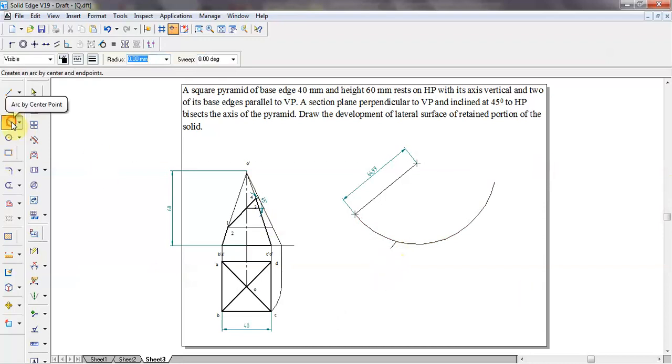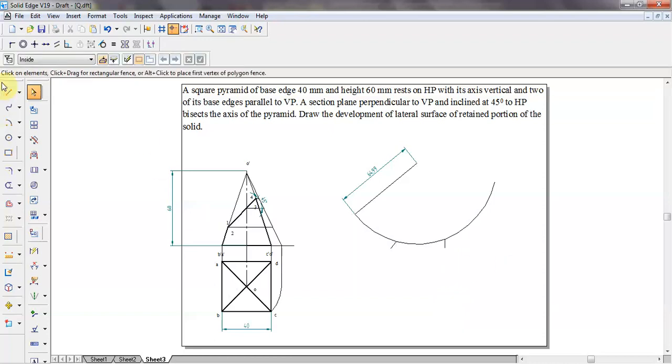Again from here to here it is 40, sweep length 10. Again this is 40.